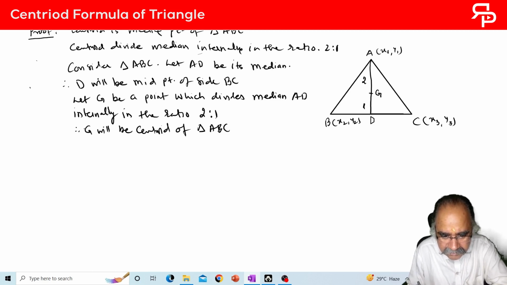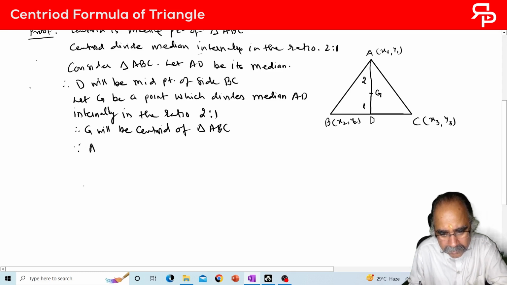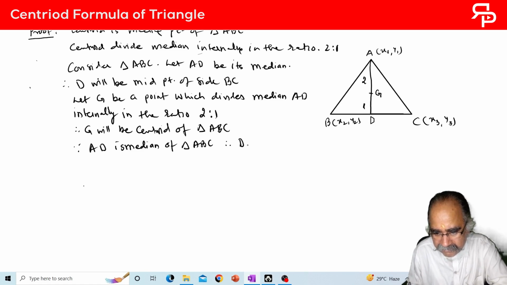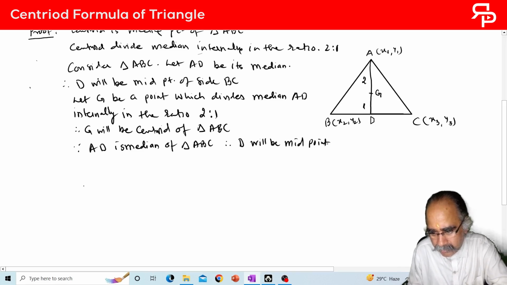Since AD is median of triangle ABC, therefore D will be midpoint of side BC.